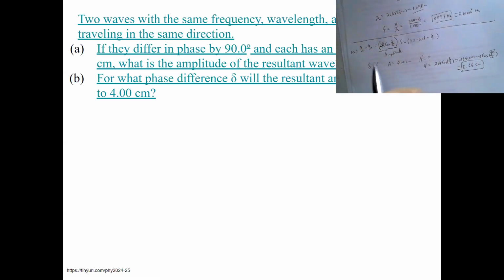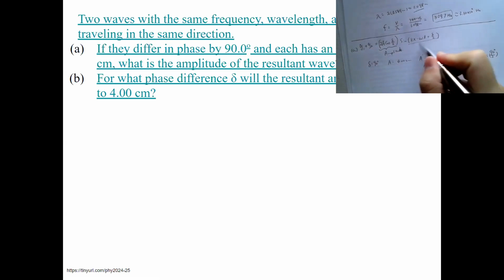So when the two add up, if they have the same wavelength, actually, let me just go back to the original expression here. K is actually related to the wavelength. K is equal to 2 pi over lambda. It's called the wave number, but it's related to wavelength.